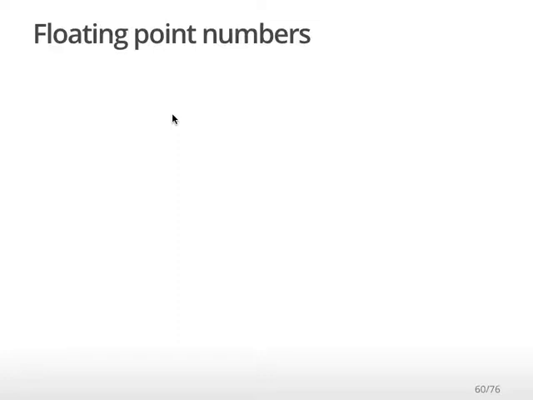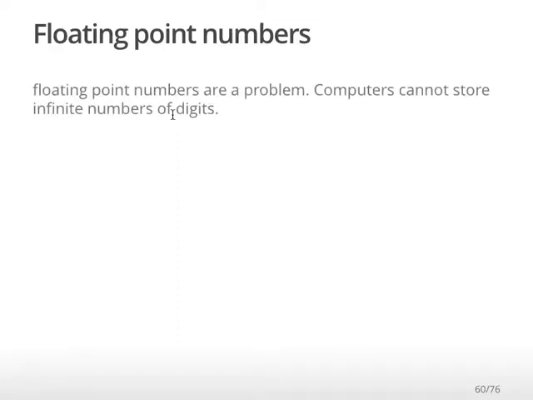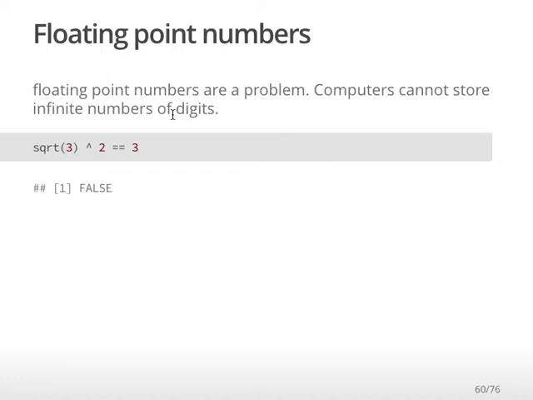Another important point is floating point numbers. They're a problem, because computers cannot store an infinite number of digits. So when you say this is not 2, for example, you have to bear in mind that the computer cannot store 1.999999 as 2. If we take the square root of 3 and square it back, it should be 3, but it's not.